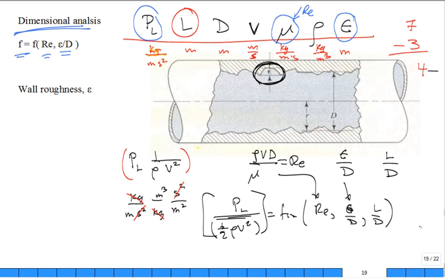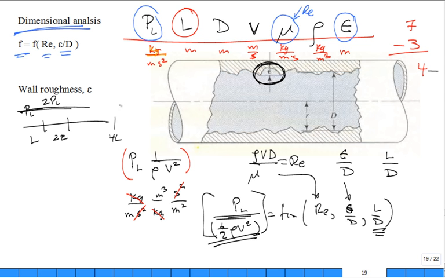Okay, let me ask this. Could I tell what is the relationship between this term and that term? If it's fully developed, as I increase the length, let's say I went L, then I went 2L, then another 4L, what's happening to the pressure loss?